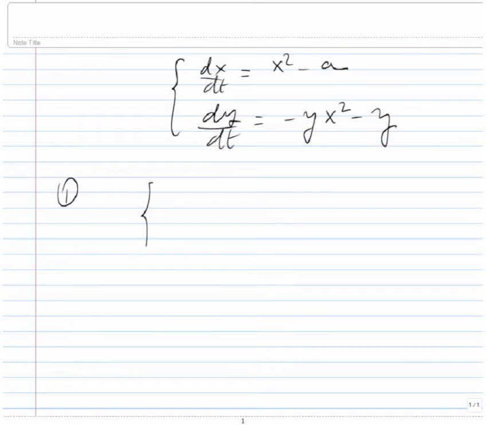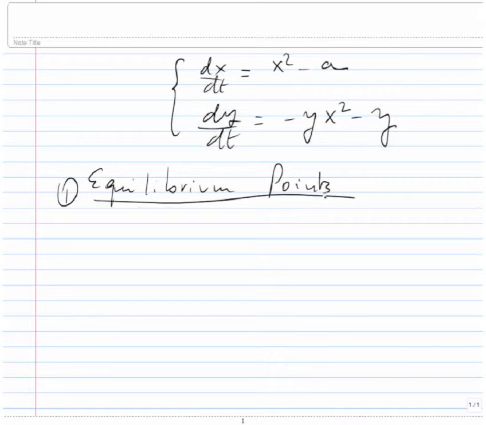So this is about equilibrium points. We have dx/dt equals 0 and dy/dt equals 0.